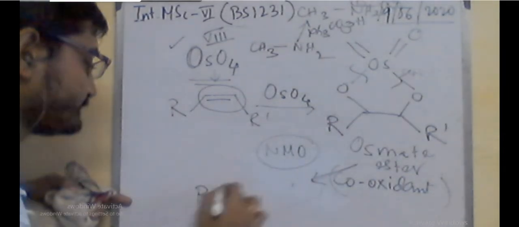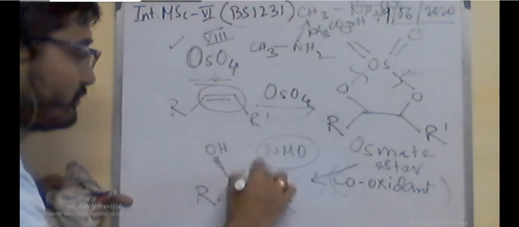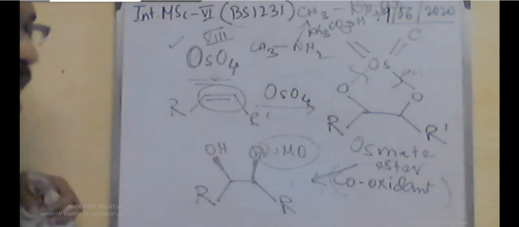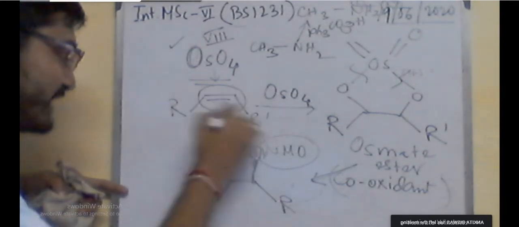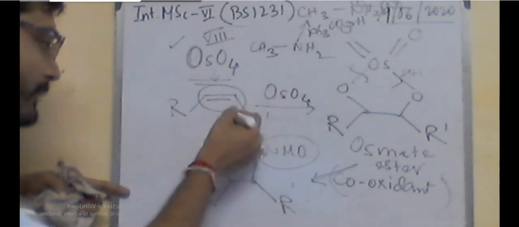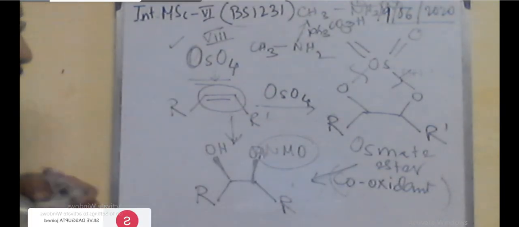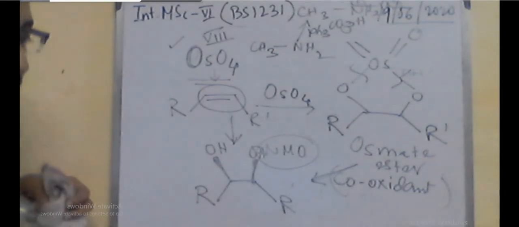Now the utility of alkaline KMnO4: it also acts as an oxidizing agent and you will again get the syn diol. The important example is this, basically cyclooctane. If I place a double bond here, that is cyclooctene.